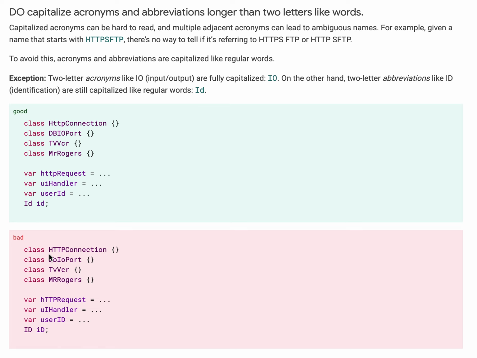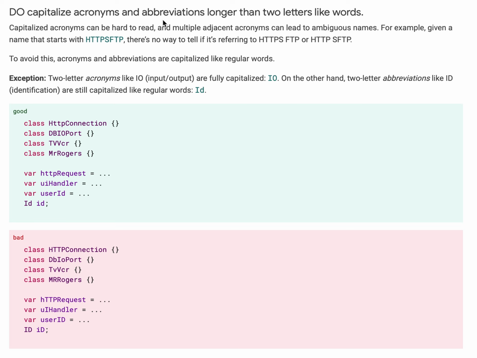Now let's discuss more examples. DBIO port. So I see two words here, DB, which is for database, and IO, which is for input output. So I name it as DBIO port only rather than B small and O small. Why?